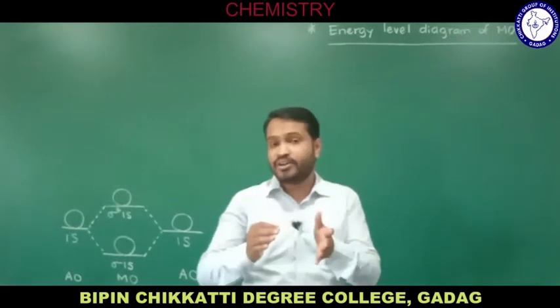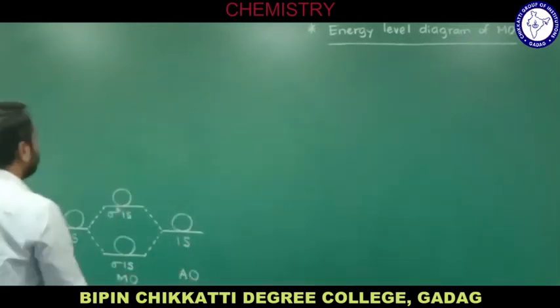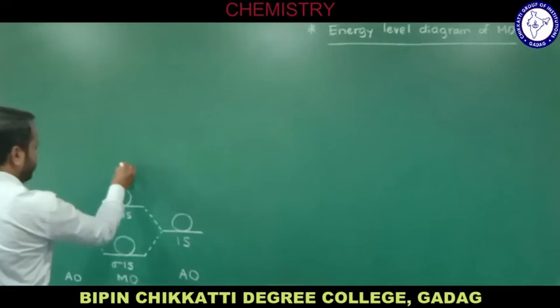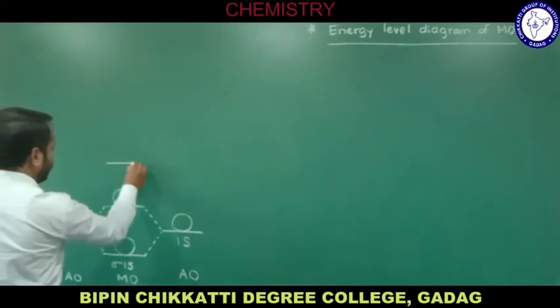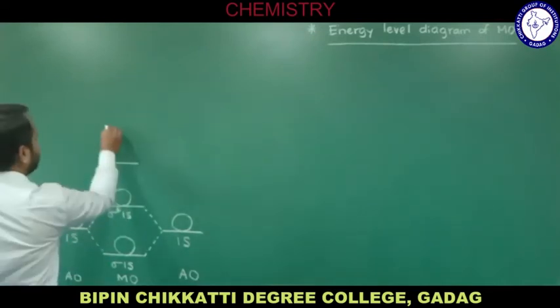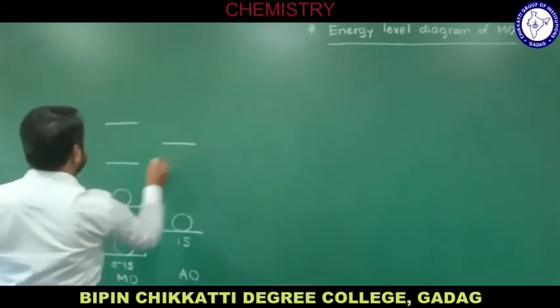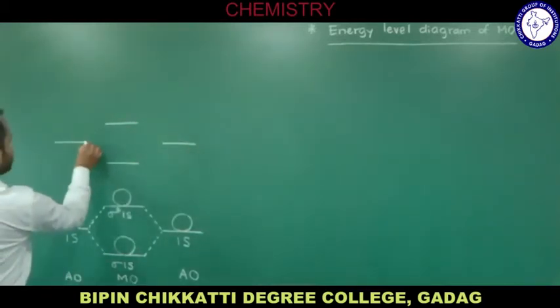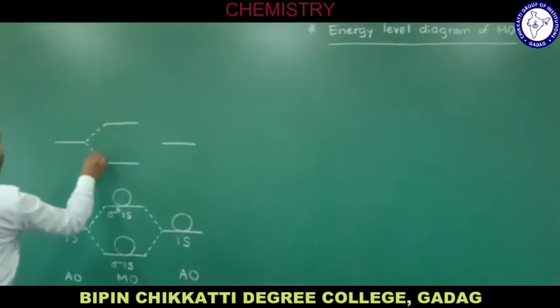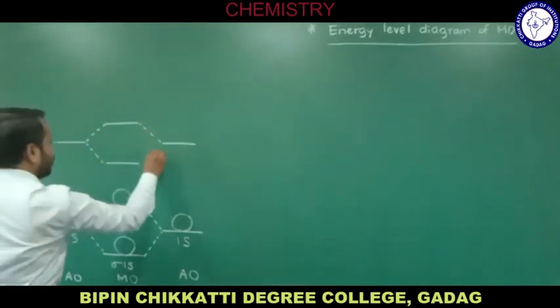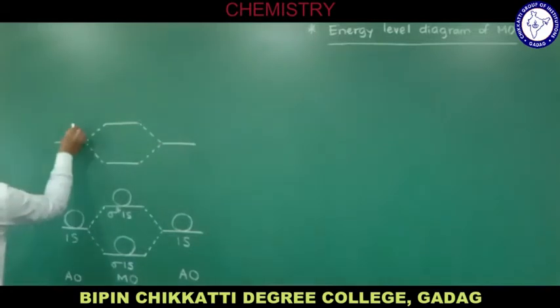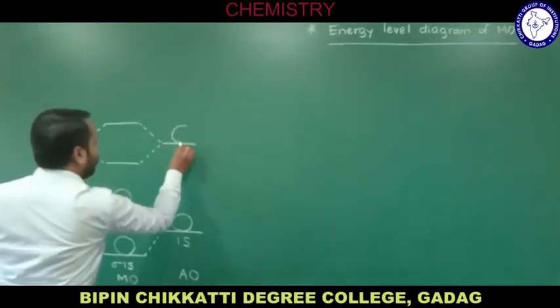So after 1s we have 2s. So how am I going to represent that? Just observe here. This is for 2s. What I am drawing now is for 2s. Yes, only one atomic orbital we have.